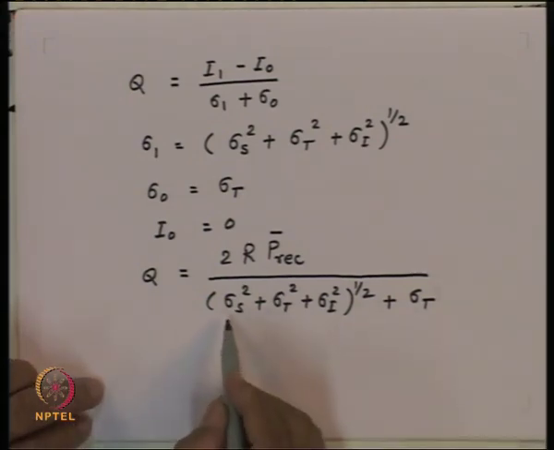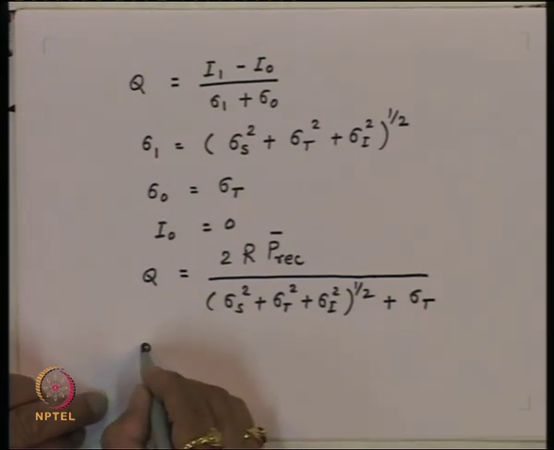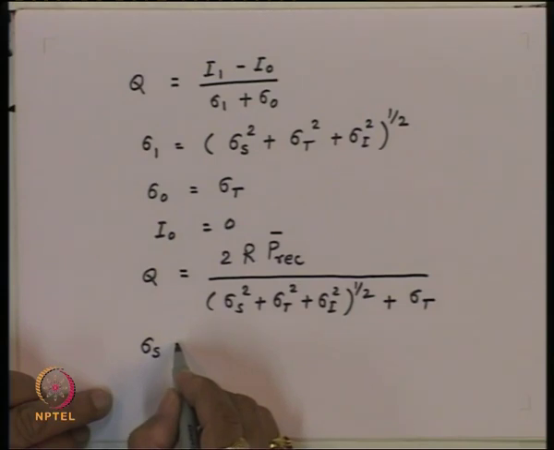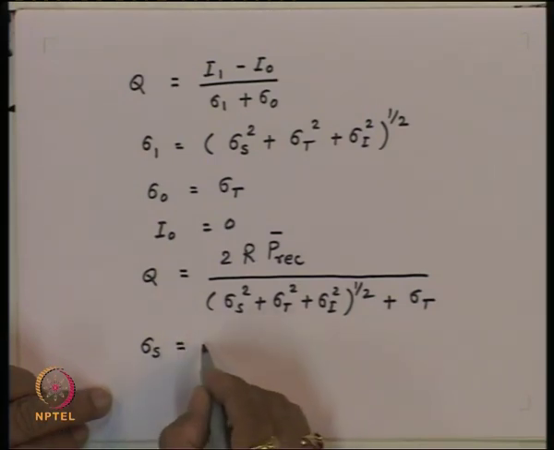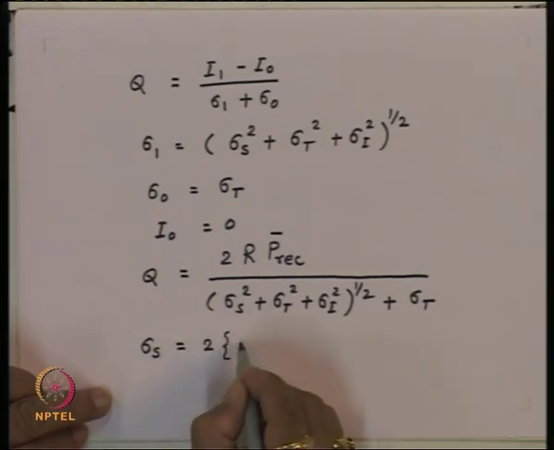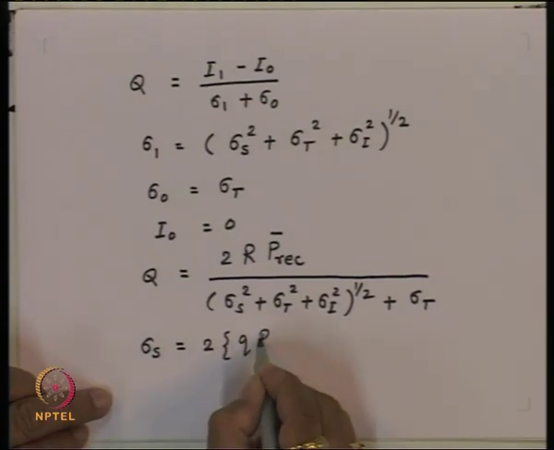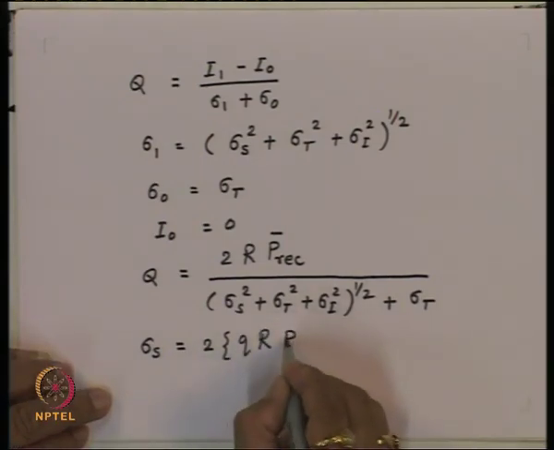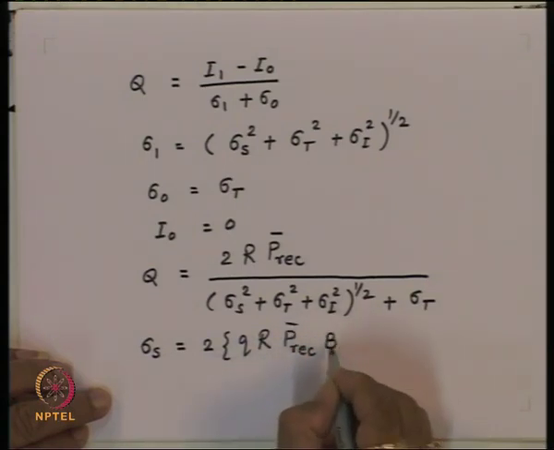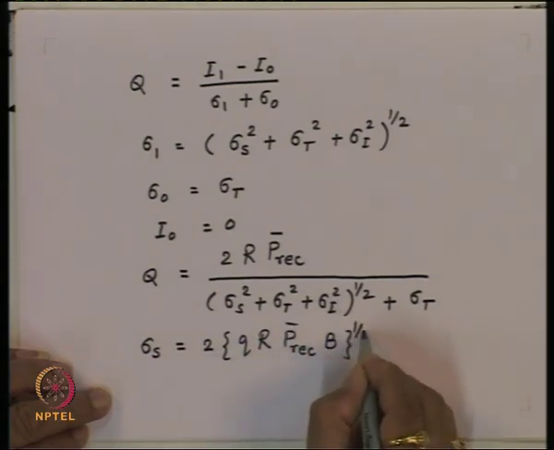And now, if you write this value of sigma s with the shot noise, sigma s is equal to 2 times q times responsivity, average power, and bandwidth, to the power half.